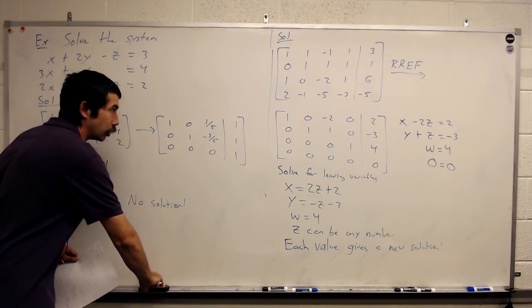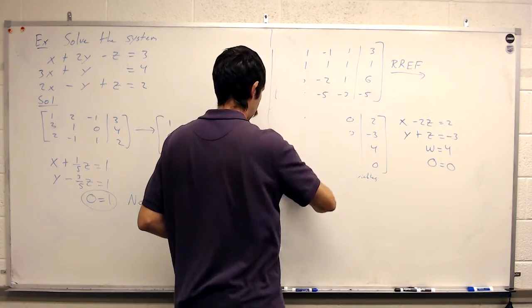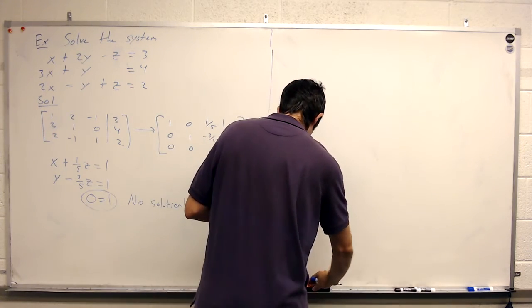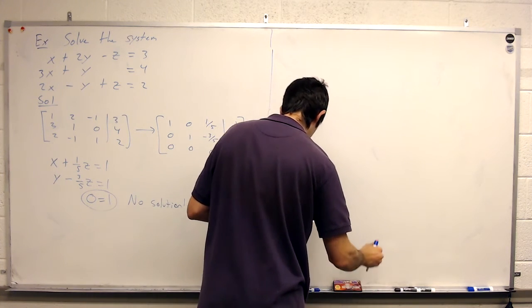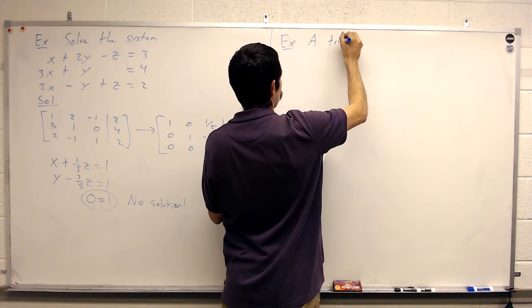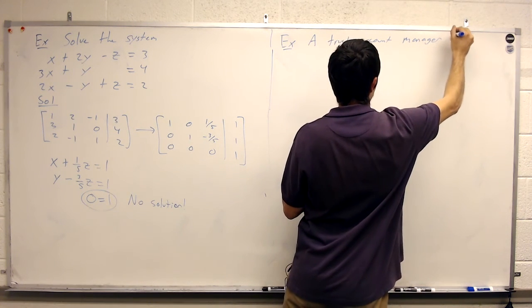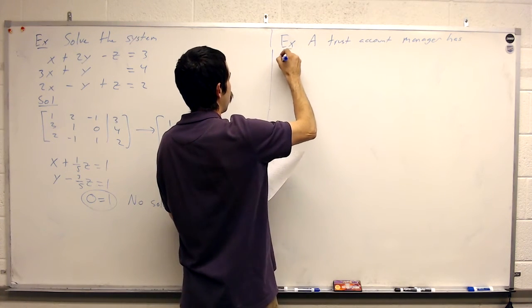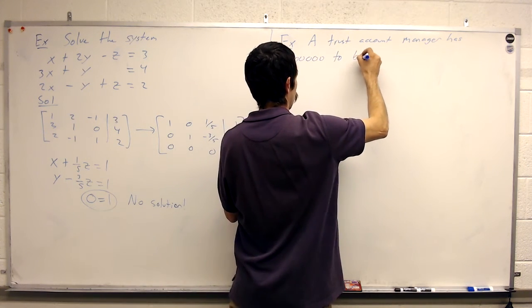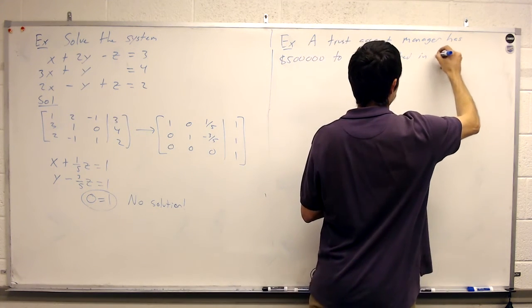All right, let's look at one application. A trust account manager has $500,000 to be invested in 3 different accounts.